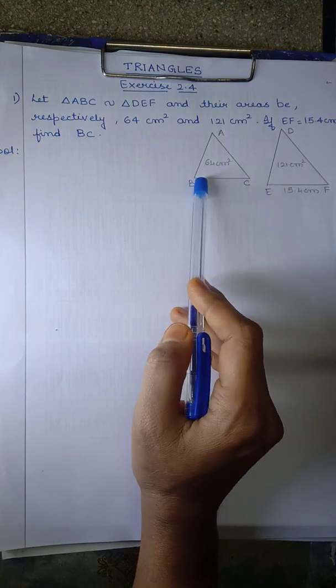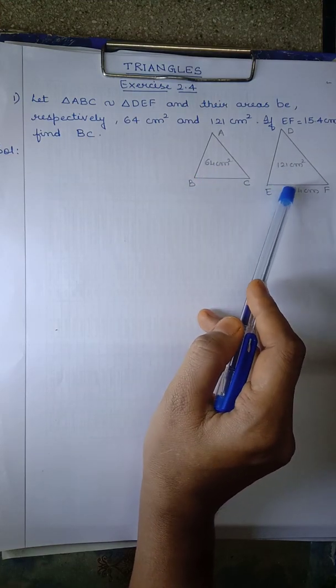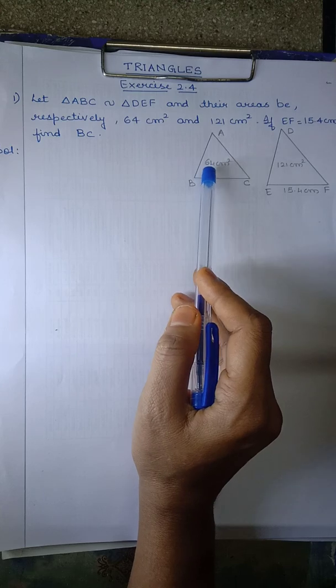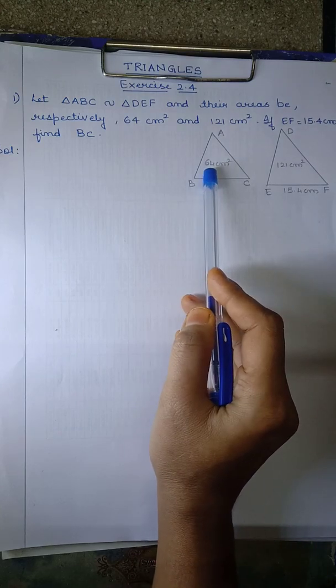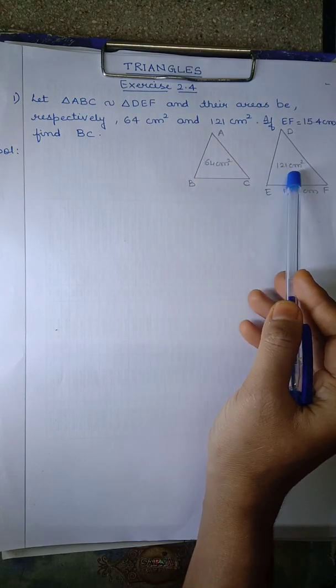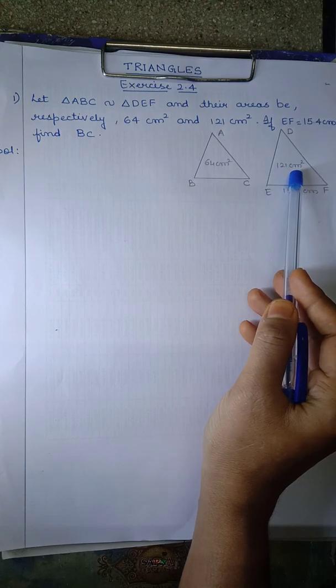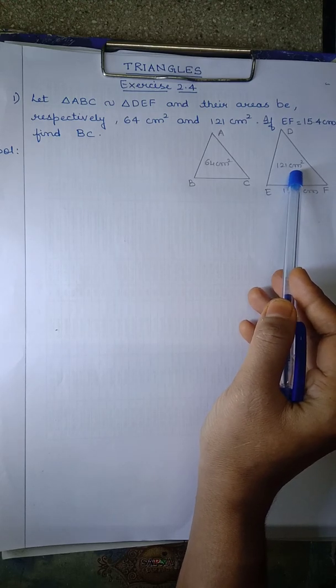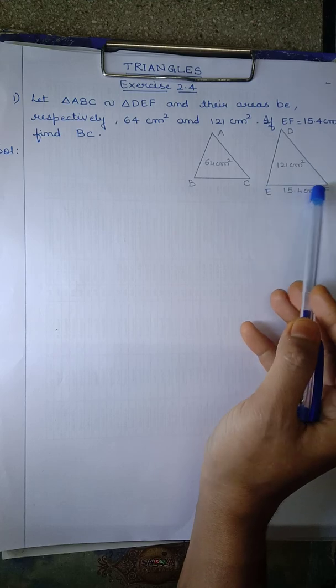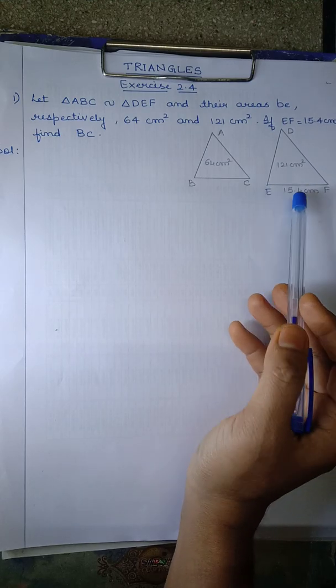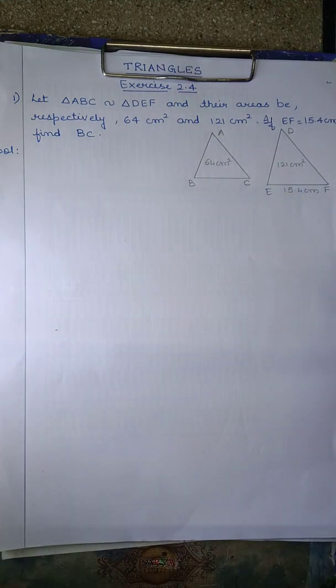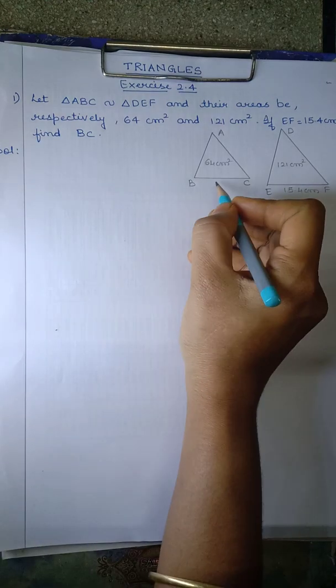So I have drawn here triangle ABC and triangle DEF. Their areas also they have given. ABC triangle area is 64 cm square and DEF triangle area is 121 cm square, and one side EF is given as 15.4 cm. You have to find the length of BC.